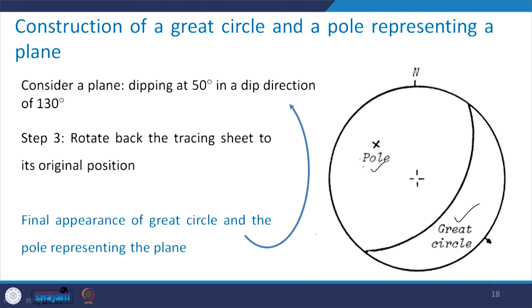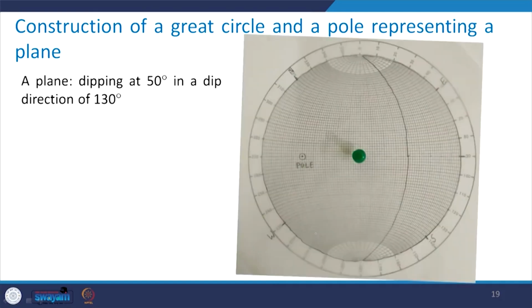So, see how my tracing sheet looks like. So, this is what is the situation from the previous step. We have a great circle and we have a pole. You can see that here it is the 0 degree and this is the north here, which was there in the first step that we plotted on the tracing sheet.